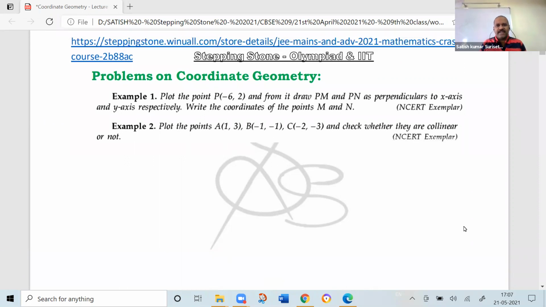Plot the point P(-6, 2) and from it draw PM and PN as perpendiculars to the x-axis and y-axis respectively. Write the coordinates of the points M and N. Now, simultaneously do it.